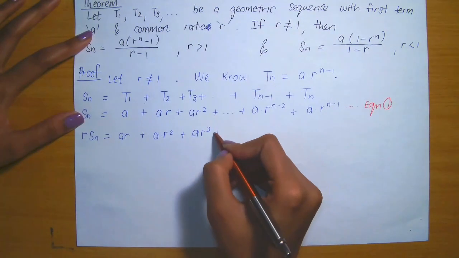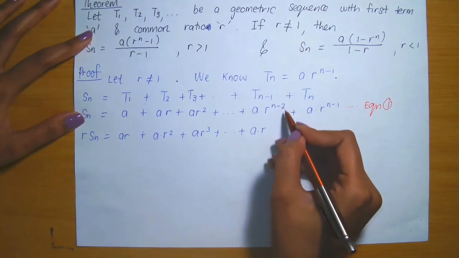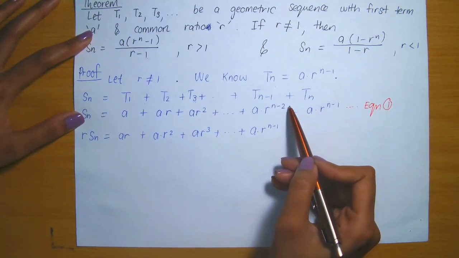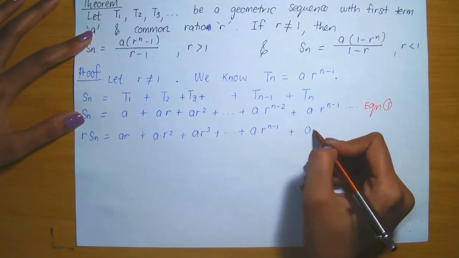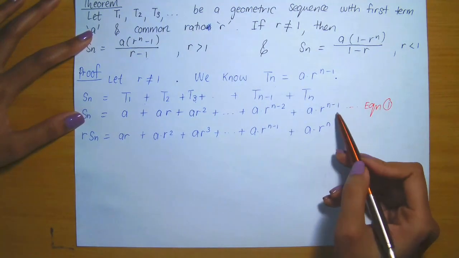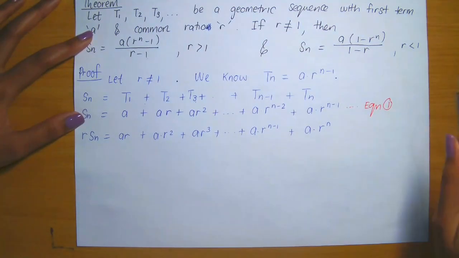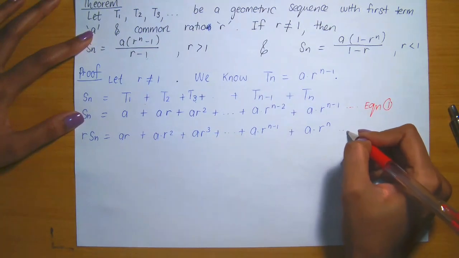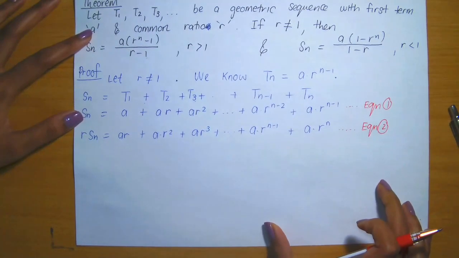Multiplying everything by r, this becomes a times r to the n minus 1, because when you multiply by r, you add 1 to the exponent. The last term becomes a times r raised to the power n, again by adding 1 to the exponent. So r times Sn equals the following, and I'm going to label that equation 2.